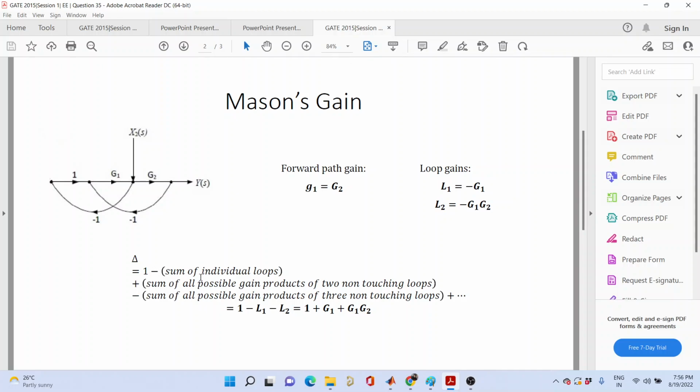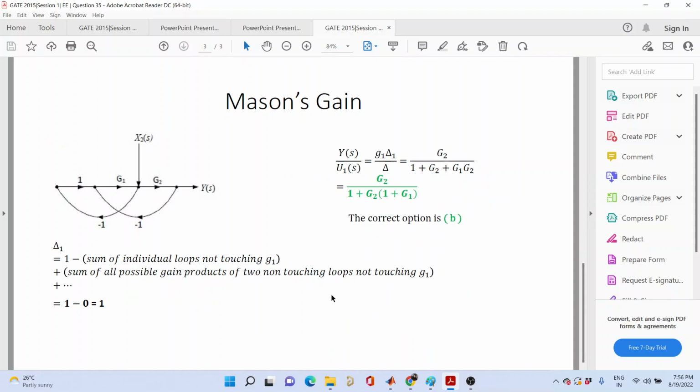We are left only with the first two terms, that is 1 plus G1 into G2. And then the transfer function is given by G1 into delta 1. Delta 1 I have defined as the part of delta which is not touching the forward path, that is G2. So we will end up getting this expression. So the correct option will be B. Whoever has got B has the correct answer.